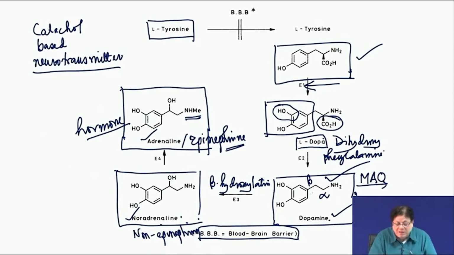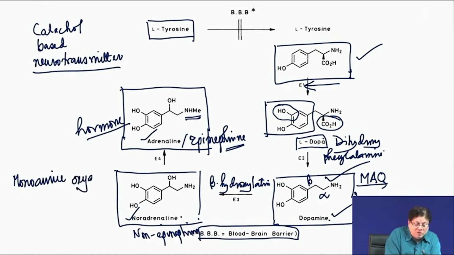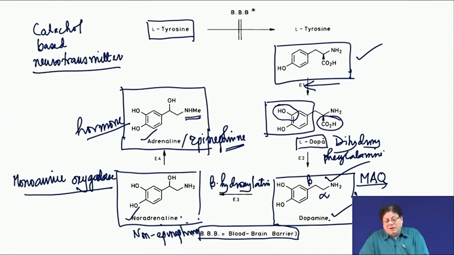It destroys the primary amines if they are generated. This is called monoamine oxidase. So, there are two ways by which dopamine concentration can be low.